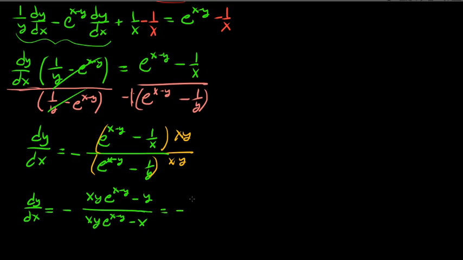And if it helps, you can factor out the y in the numerator, and then factor out the x in the denominator. And you can see that these are awfully close here. It looks like you can cancel, but this is an x, this is a y. They don't match. So nope, nothing cancels here, right?